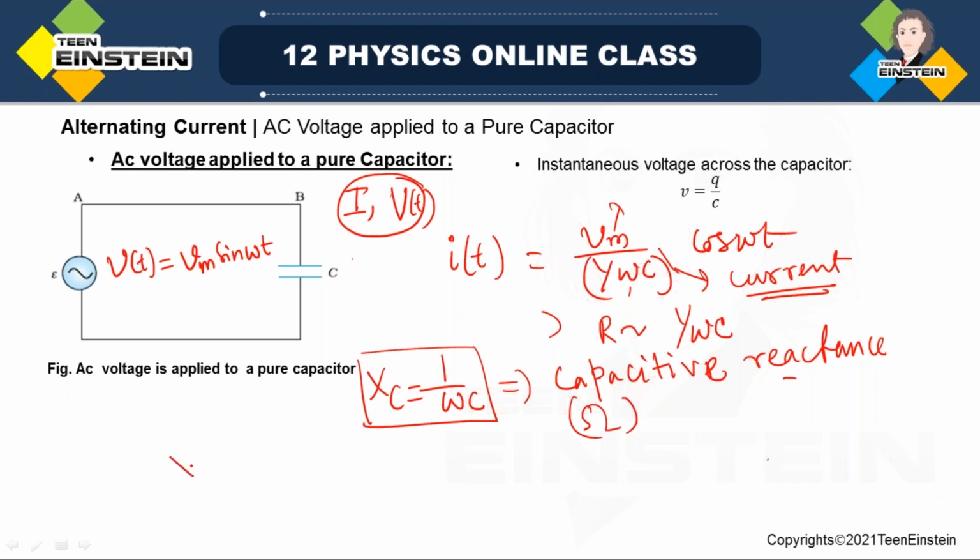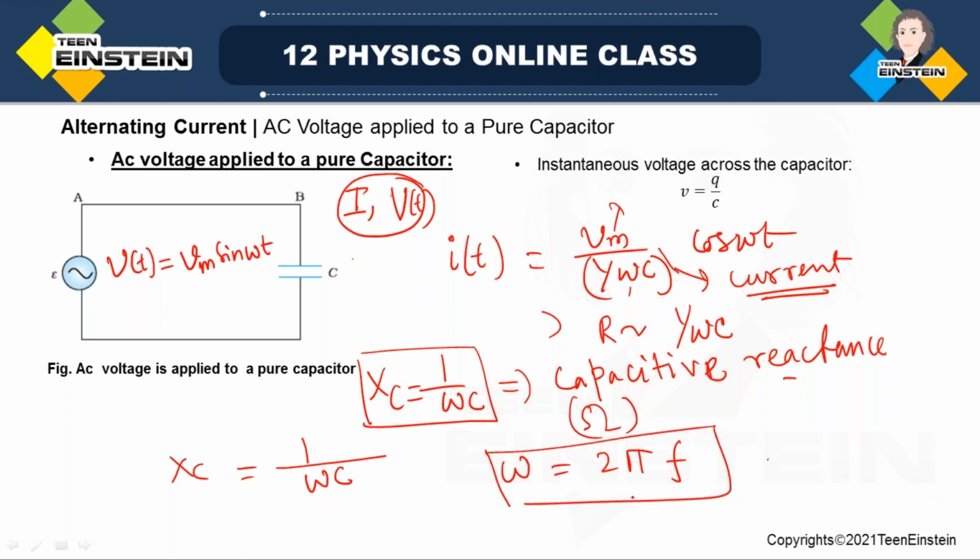In this case we take the term capacitive reactance, which is inversely proportional to omega, the angular frequency. This can be written as 2 pi into the linear frequency f. If I put it here, it is 2 pi f into C.